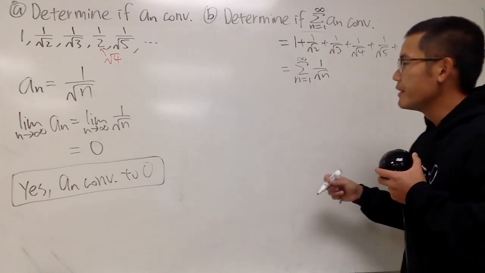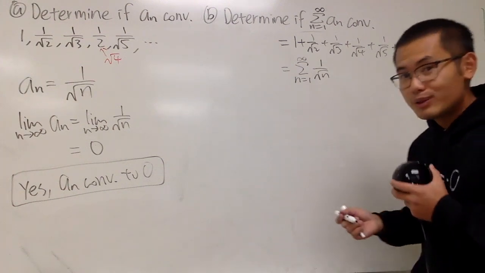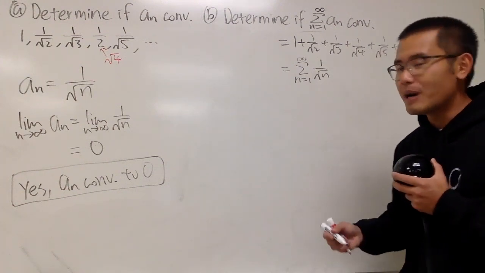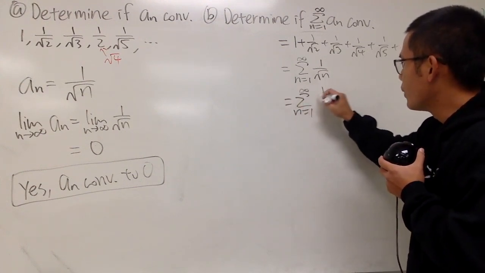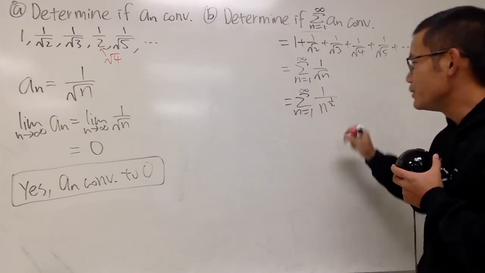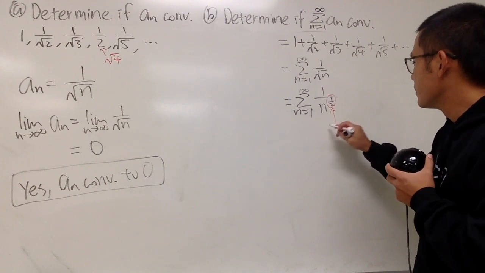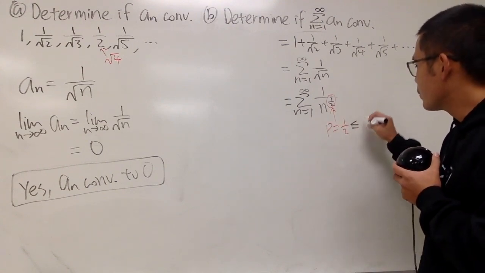All right, now the investigation begins. It's not that bad at all, because we have the square root, which is the same as the 1/2 power. So we can say this is the sum as n goes from 1 to infinity of 1 over n to the 1/2 power. And here is the p series. This right here, p is 1/2, which is less than or equal to 1.